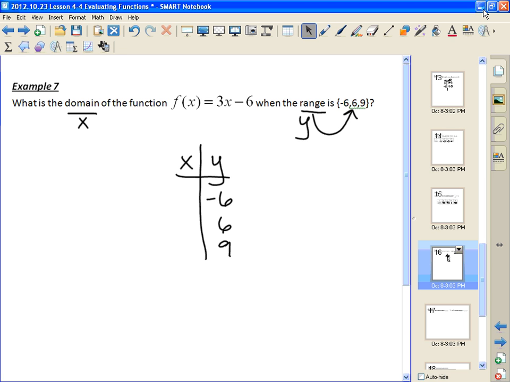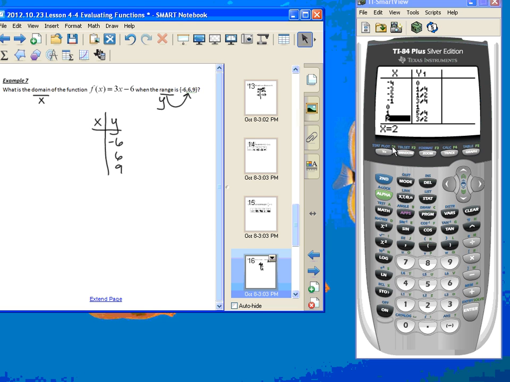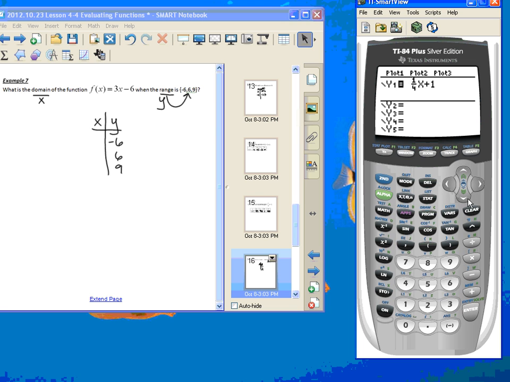And then I still follow the same process. So I go over to my y equals, put in my new function, 3x minus 6, go to the table. But this time, instead of looking in the x column, I'm going to have to look in the y column. So I'm looking for where y is -6. So there it is right there. See it?